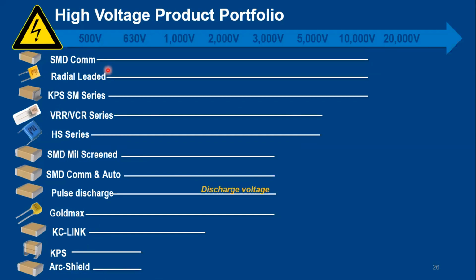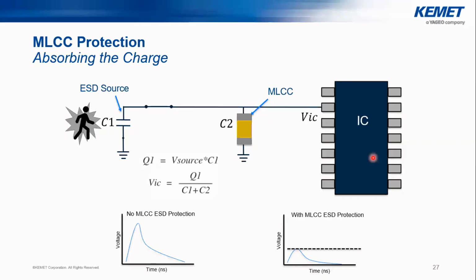So it's not recommended to always go for the smallest MLCC you find and just look at the rated voltage. That's not enough to ensure the reliability of your component in your design application.